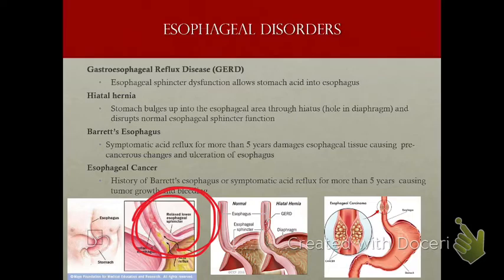But that is GERD, essentially, a dysfunction of this lower esophageal sphincter allowing acid back up. In some people, it only happens after a really large meal when you've over-distended your stomach. Because there's so much pressure in your stomach, the pyloric sphincter is like, I can't send anything out.